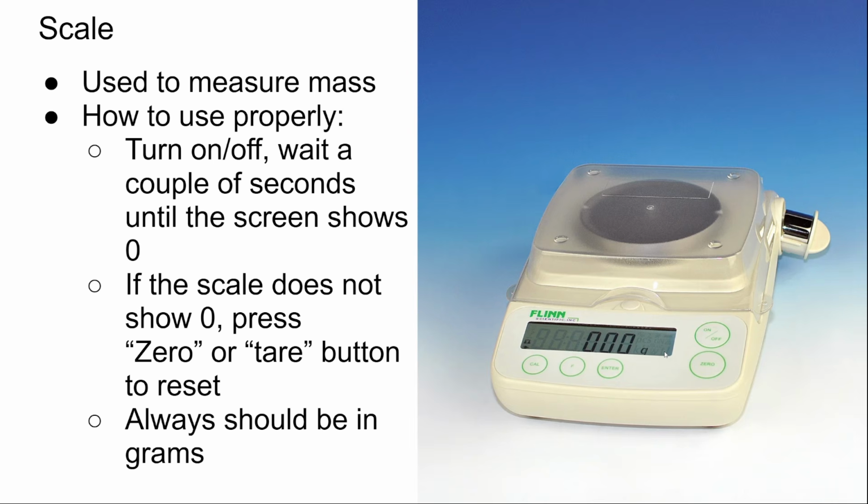Something that can help is pressing the 0 or tare button so that it resets the scale to 0 when there's nothing on it. Like I said, as you go throughout a lab, it won't read 0.00 at a certain point, so just pressing that button before you do any measurements will be very helpful.